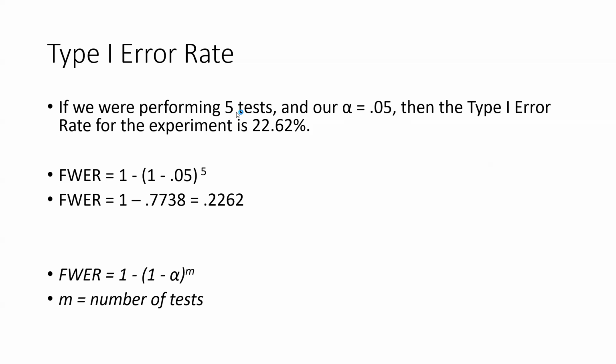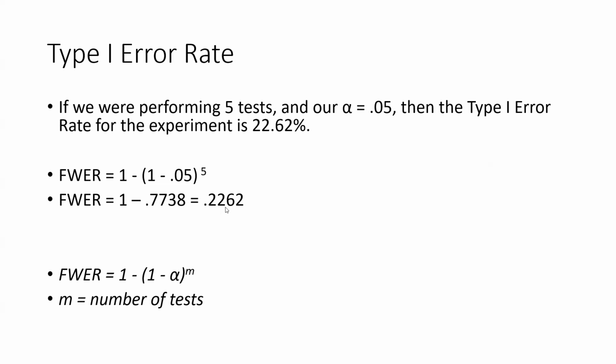However, we're running 5 tests. So there, our m exponent is the number 5. So 1 minus, parentheses, 1 minus 0.05 to the power of 5, that comes out to 1 minus 0.7738, which provides us with a family-wise error rate of 0.2262.